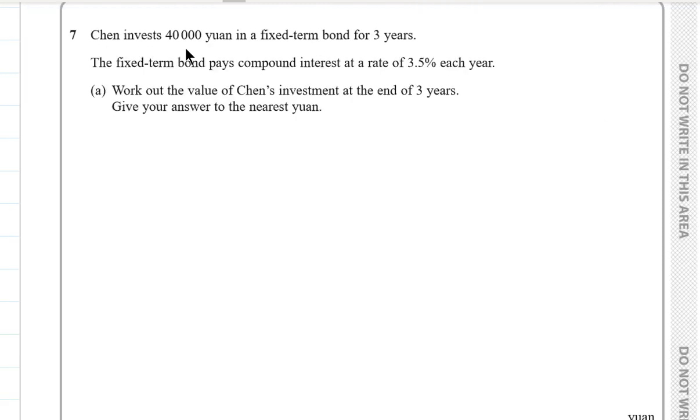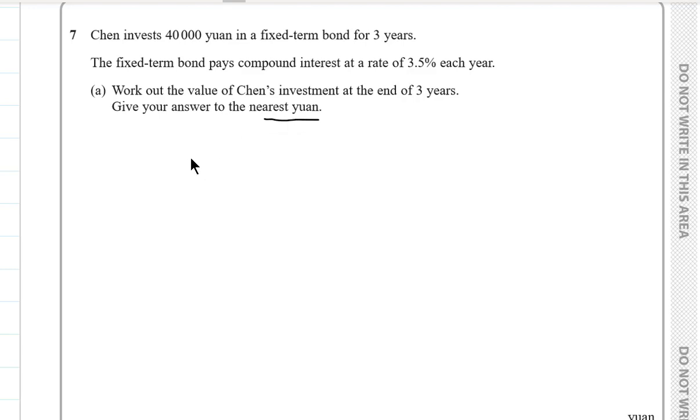7. Chain invests 40,000 yuan in a fixed term bond for 3 years. The fixed term bond pays compound interest at a rate of 3.5% each year. Work out the value of Chain's investment at the end of 3 years. Give your answer to the nearest yuan. Okay, piece of cake.